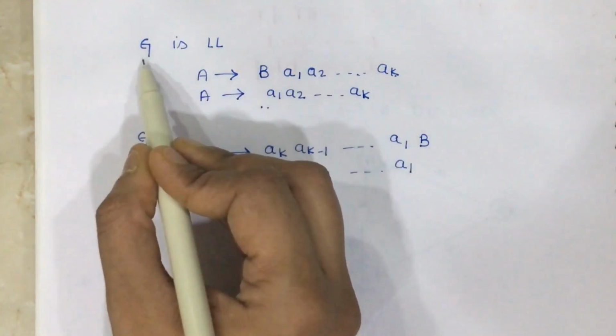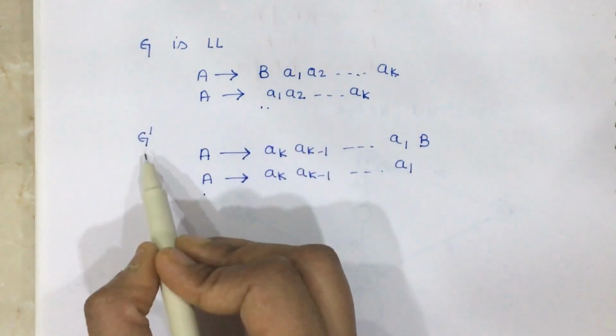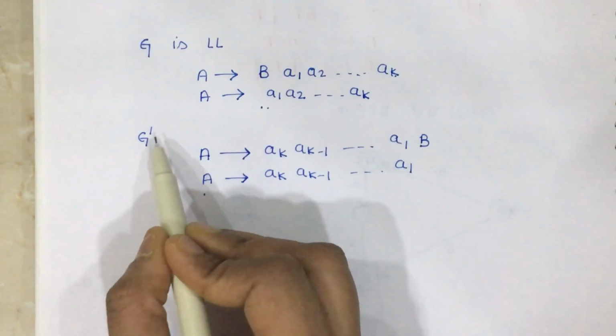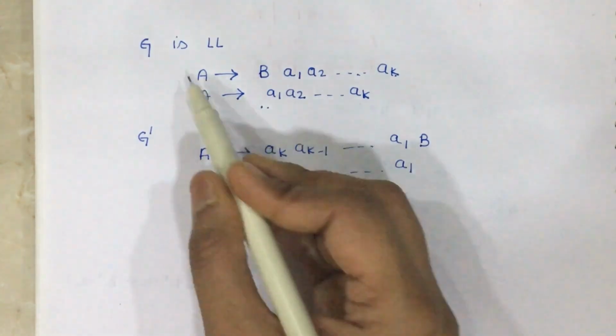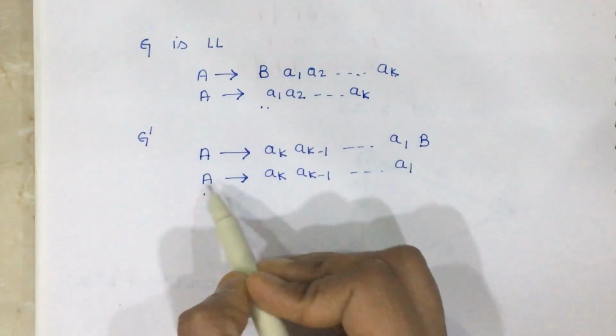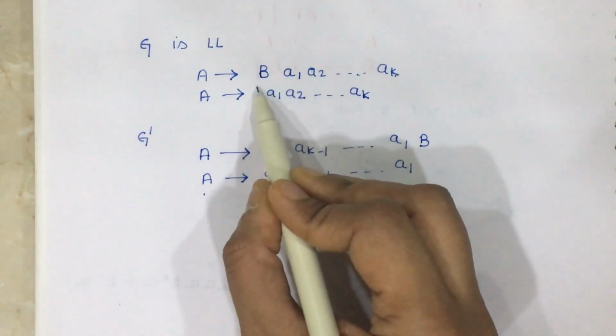So we can convert this given left linear grammar into a right linear grammar. Let it be G prime. So for conversion, on the left hand side we can write the same non-terminal, but on the right hand side we will write the sequence in reverse order.